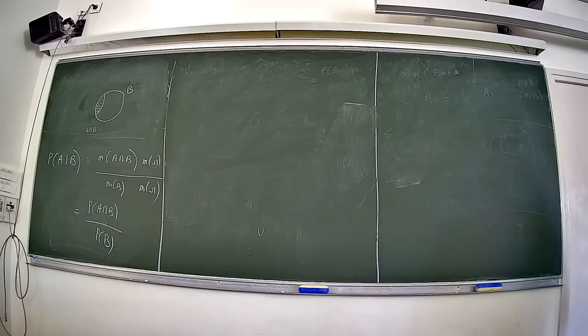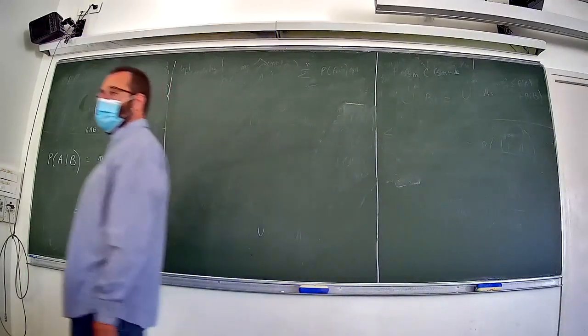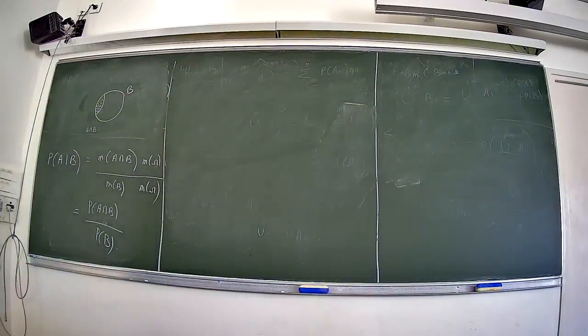P of B is here supposed to be strictly positive. So this is the definition of the conditional probability.